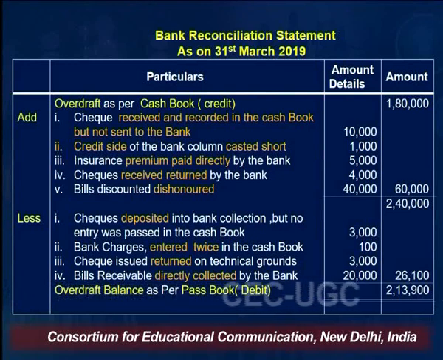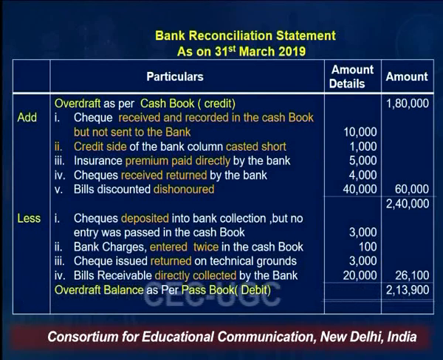In this case, do we have to add this transaction or deduct it? We have to reach the balance as per passbook, so we do what the bank has done. The bank has not received this check, so they have not increased our account.